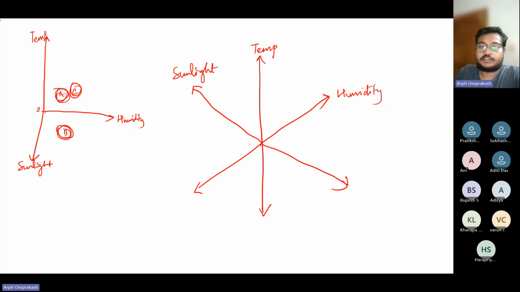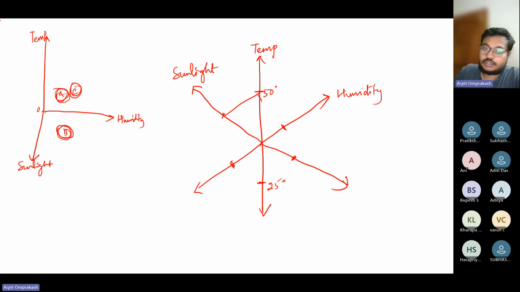Let's say for a given species, species A, it can range from 25 to 50 degrees Celsius. Let's say it can tolerate this much amount of humidity, if you do experiments and figure out, and it can tolerate this much amount of sunlight. So this area in this plot inside this polygon is the fundamental niche of this given species A.